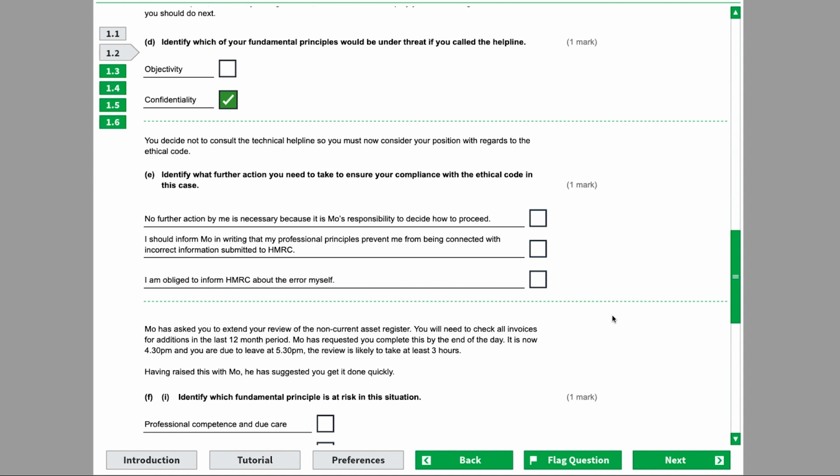In which case, the only other option that would make logical sense here would be option number 2. The best thing you could do here would be to inform Mo in writing that your professional principles would prevent you from being connected with incorrect information submitted to HMRC. So it would be option 2.